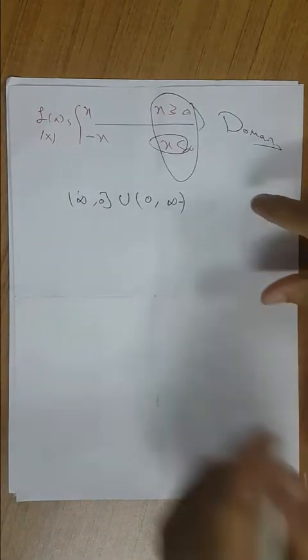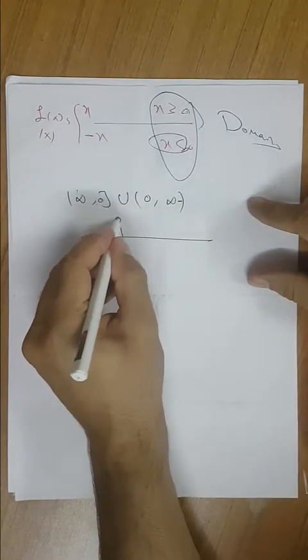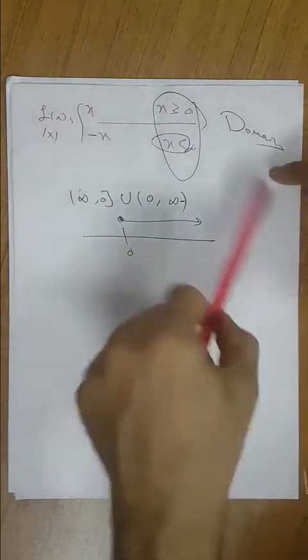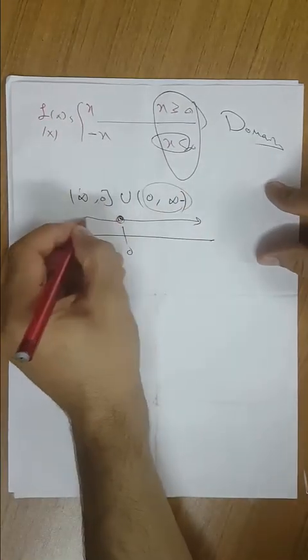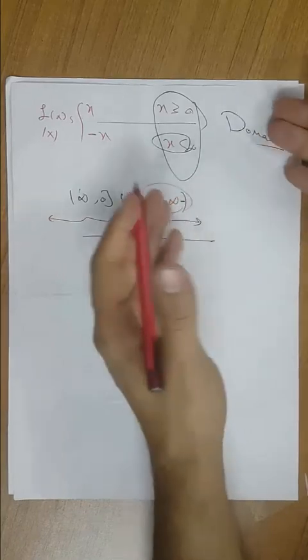So what do you get? We get that here's the 0, include to infinity. How about that part? It means exclude to minus infinity. So in this case, we have a domain.